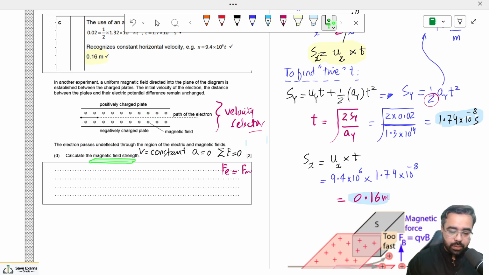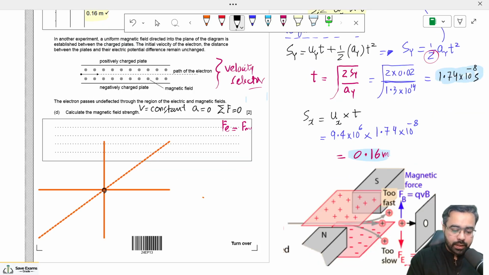Now see carefully that this is an electron, and the electric field is going downward. So the electric force will be upward because it attracts the electron. The magnetic force should be downward. Only in that case can it go undeflected, and you can apply the right hand rule on this. So the magnetic force will be downward, and it will go undeflected with the velocity that we already know.